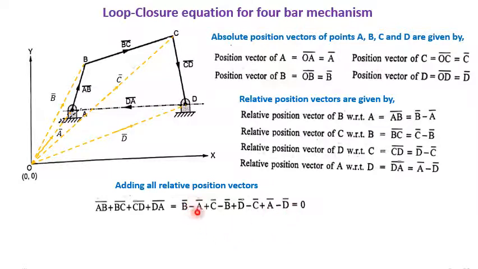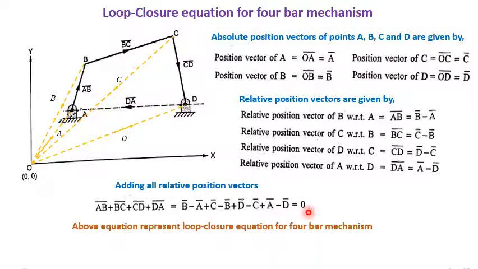So here all the vectors get cancelled, therefore it is equal to 0. So this equation represents the loop closure equation for the 4-bar mechanism.